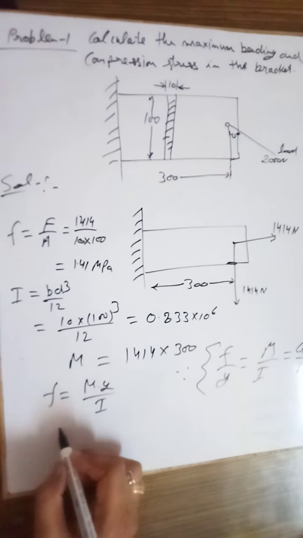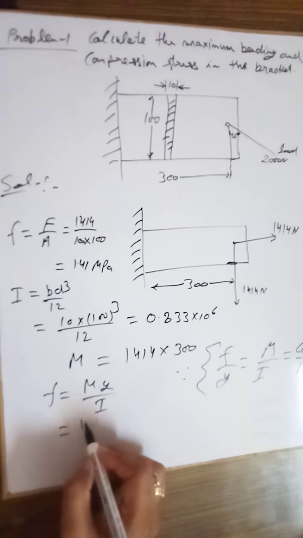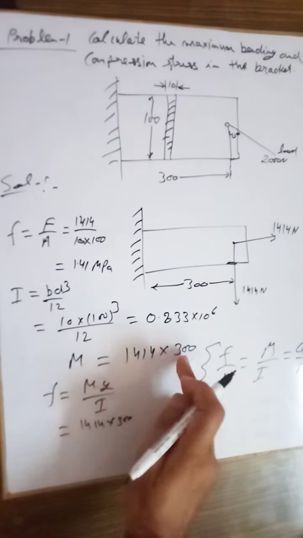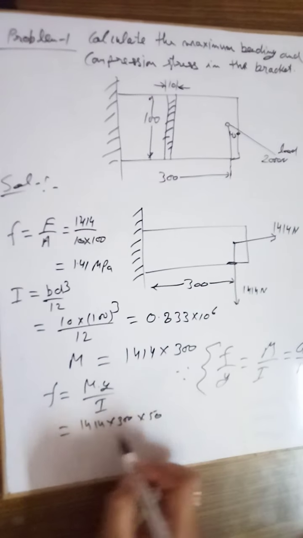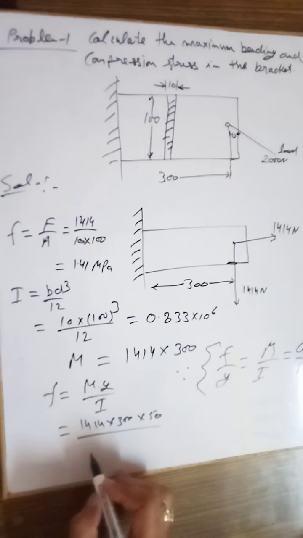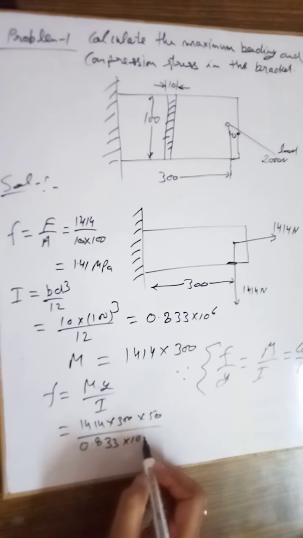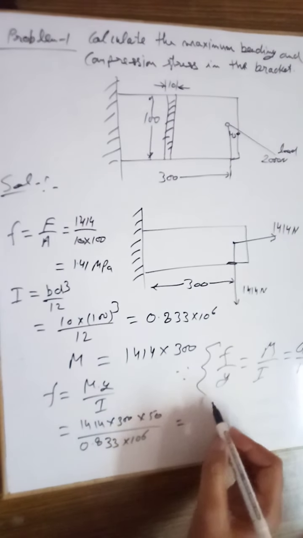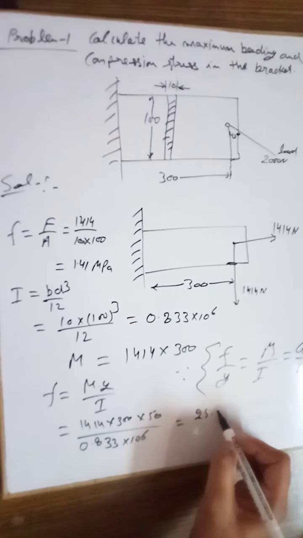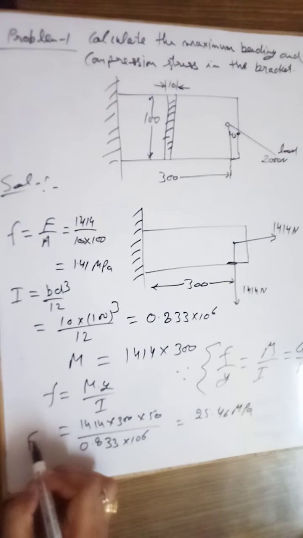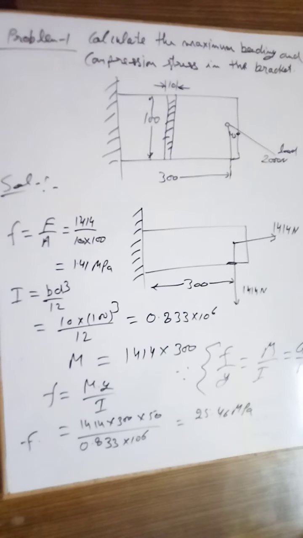So we put the values, and it is 1414 into 300, this value, into y is 50 in this case, and it's 0.833 into 10 to the power 6. So finally the value comes out, it's 25.46 megapascal. So this is the value of F that we have found.